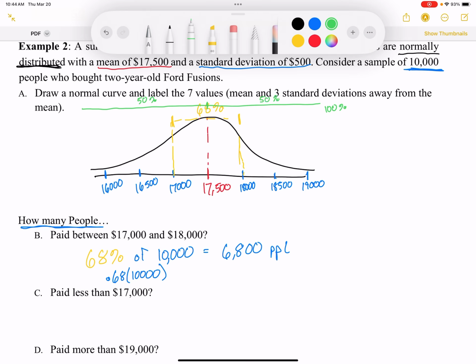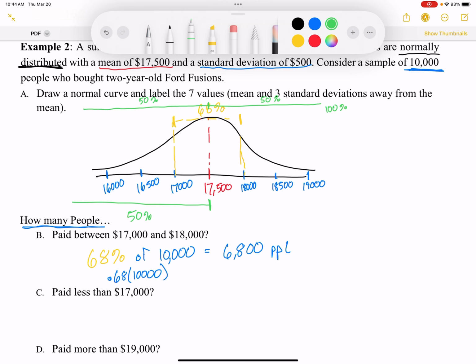So if I know from here to here is 50%, and from here to here, let me change my color, from here to here is half of 68, which is 34%. Then all the way this way is 16%.